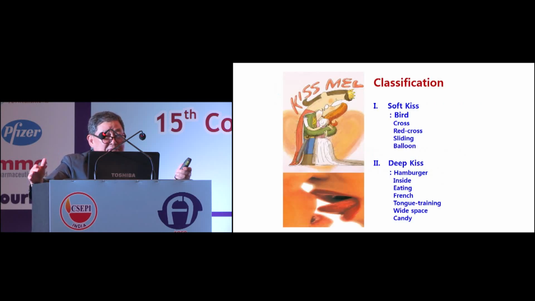There is a classification of kiss, by method of hardness. Generally, we have 2 kinds of kiss: soft kiss and deep kiss. Soft kiss you can easily perform every morning on bed before going to bed. Deep kiss is represented by French kiss.